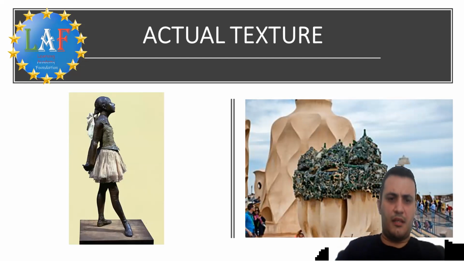The dancer's clothing is made from real textiles: a silk ribbon, a cotton and silk tutu, and a cotton bodice. The bodice is the part of a woman's clothes above the waist, particularly a fitted vest or lace-up girdle. These are all actual textures that add to the realism of the sculpture.